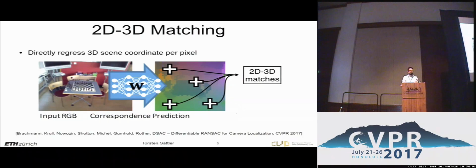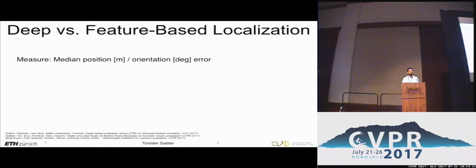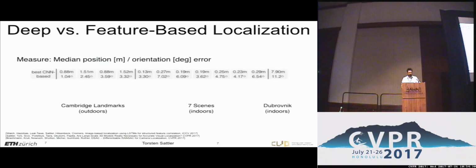So obviously, one question is, why do we bother with those explicit representations? Why don't we just, in the age of deep learning, use a CNN that takes an image as an input and then gives you a 6-degree of freedom pose? And the answer is pretty simple if you look at some experimental results. So these are median position and orientation errors for a bunch of data sets.